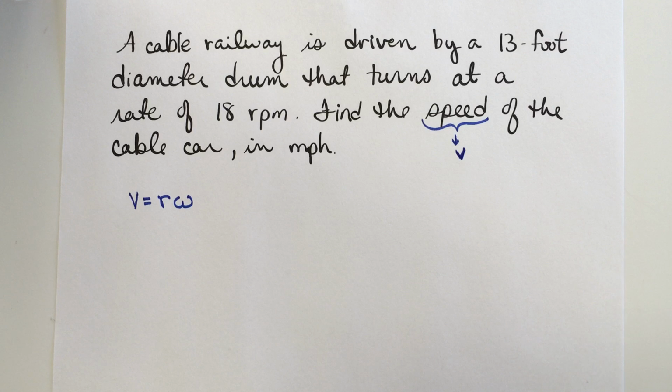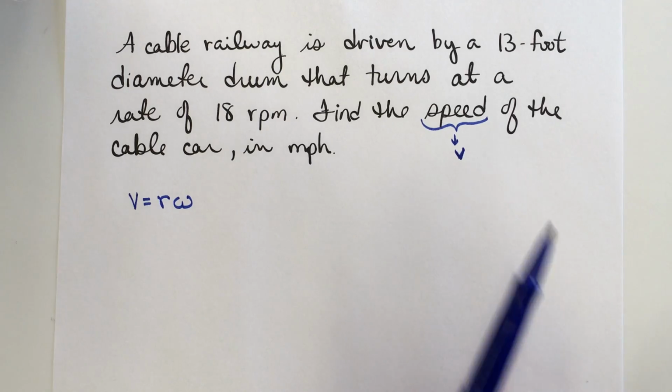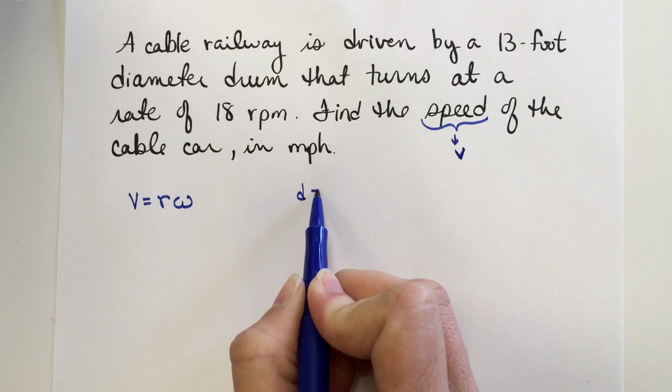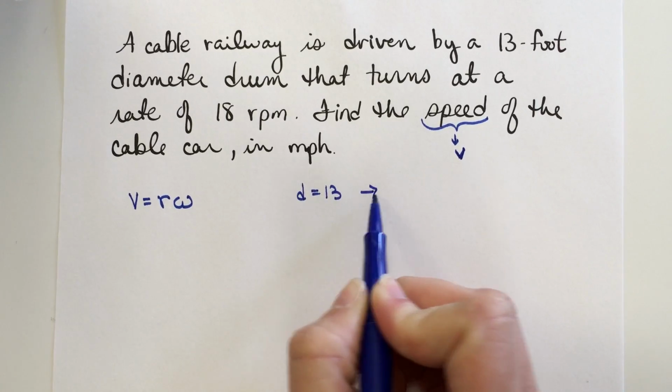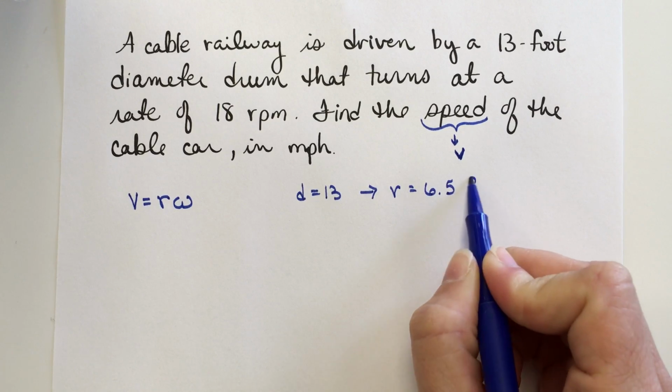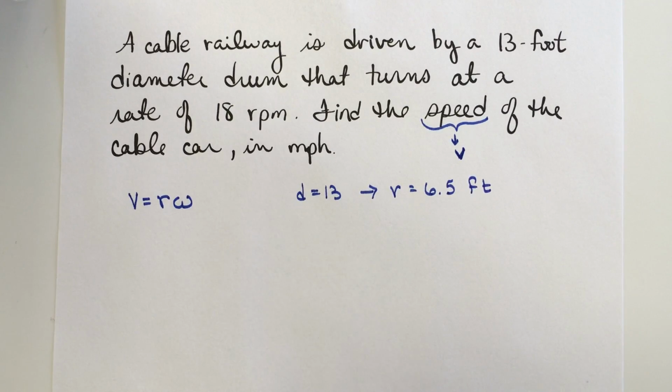And don't get bogged down in these problems with understanding the mechanics of this. All of this is going to be based on something that's circular. If you're given the diameter to be 13, then you can get the radius by taking half of it. So our radius is 6.5 feet.